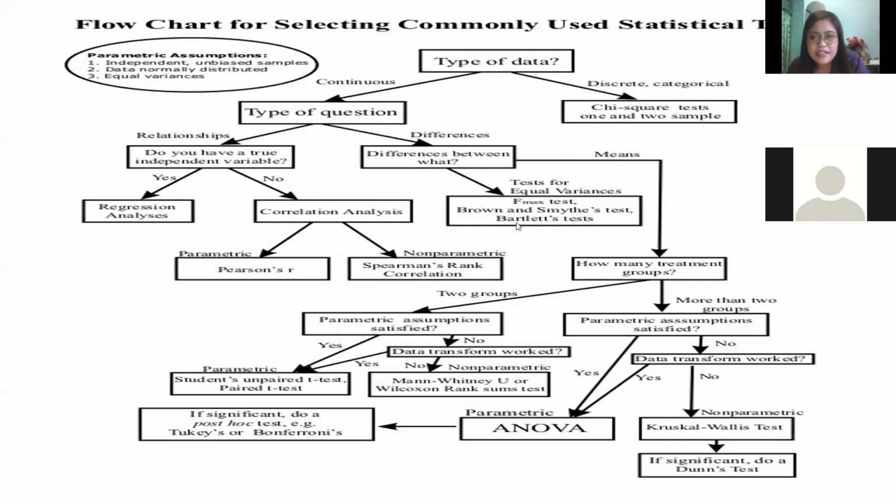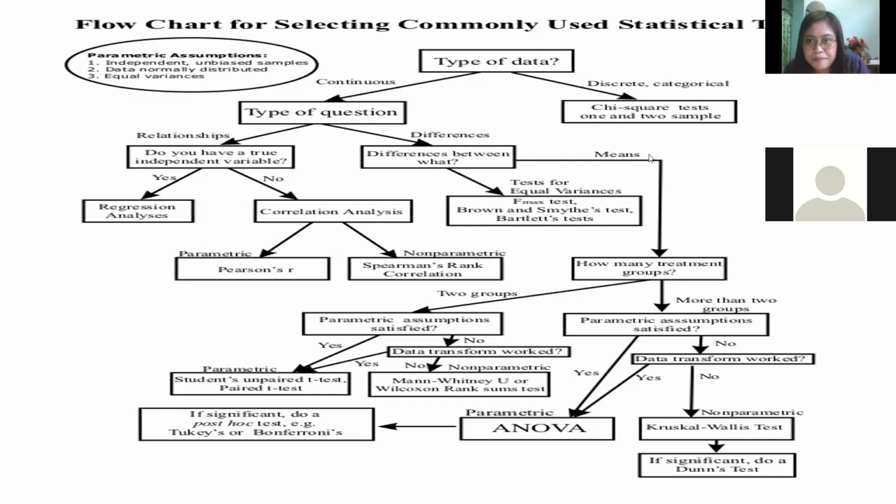So again, since the parametric assumption needs to be fulfilled, we check whether the variances of our groups are equal. These are examples of tests to know if our groups or samples have equal variances. We have the Fmax, the Brown and Smith, and the Bartlett's test.